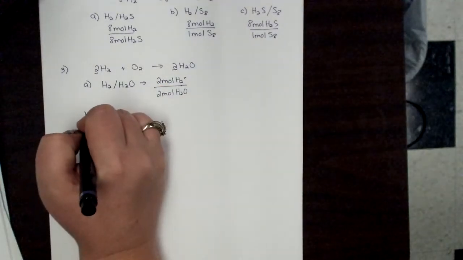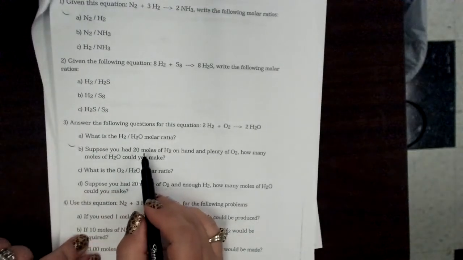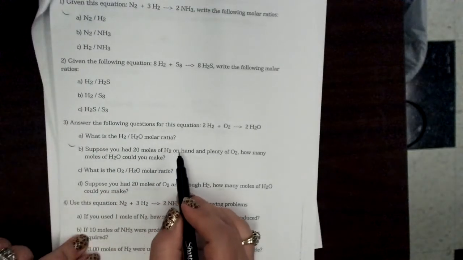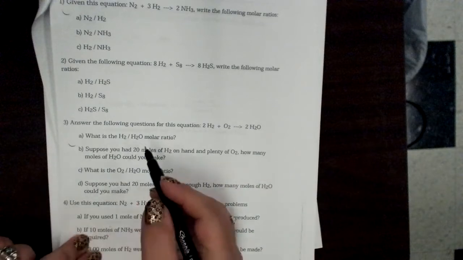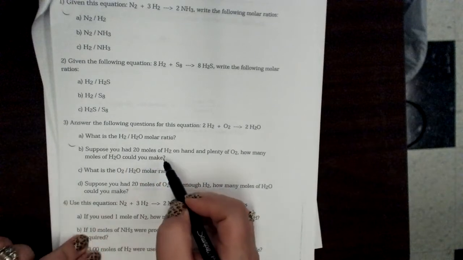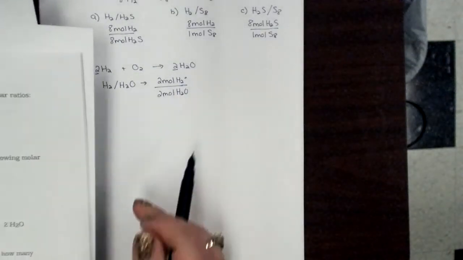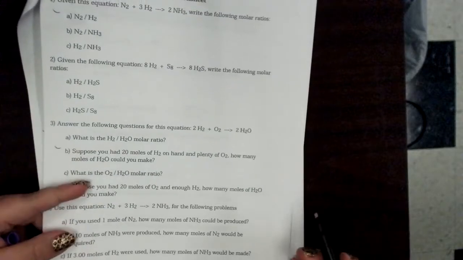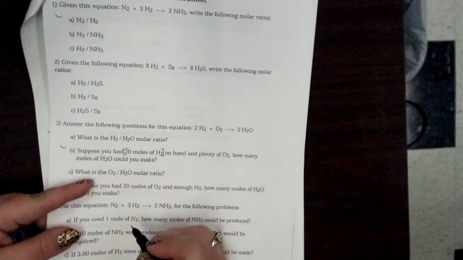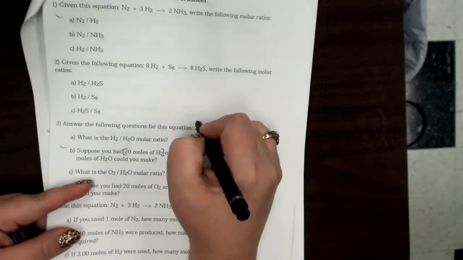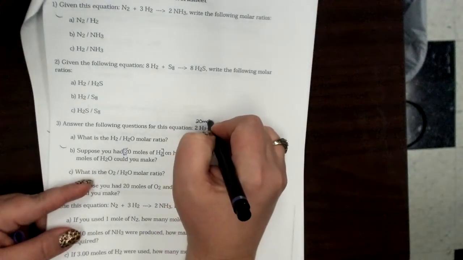So let's go on to B. So B tells us, suppose you had 20 moles of hydrogen on hand and plenty of oxygen. How many moles of water could you make? So what we're going to do now is go up here to our equation, and we're going to look at what they're giving us. So right here, they tell us that we have 20 moles of H2. So right above my H2, I'm going to write 20 moles.